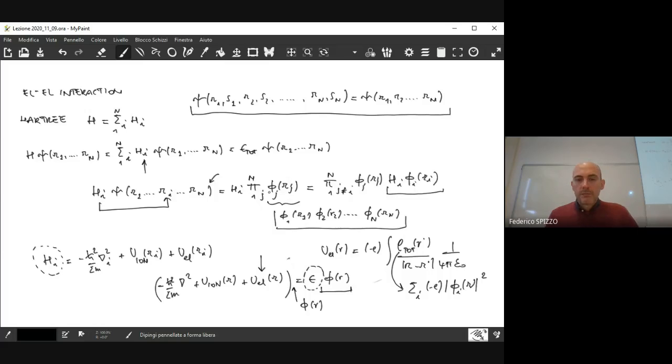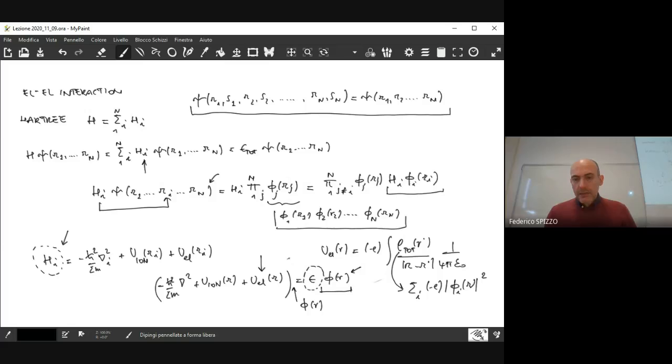So this is a dramatic reduction of the mathematical complexity, since we have a one-body problem here, and also at the end a one-body wave function here. So we are again switched down to the one-body problem approximation.